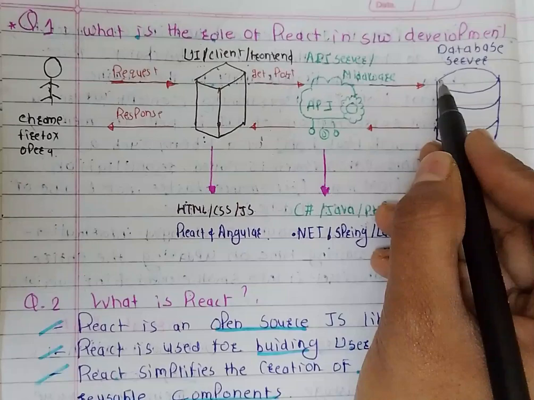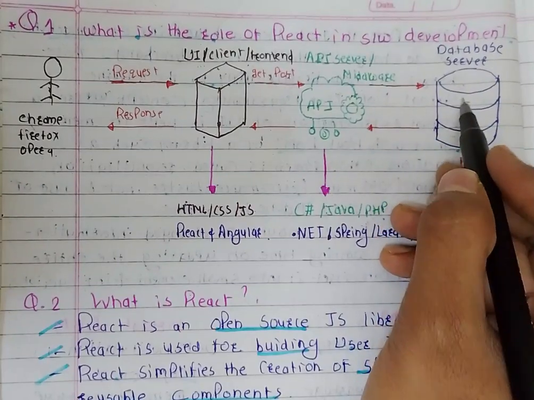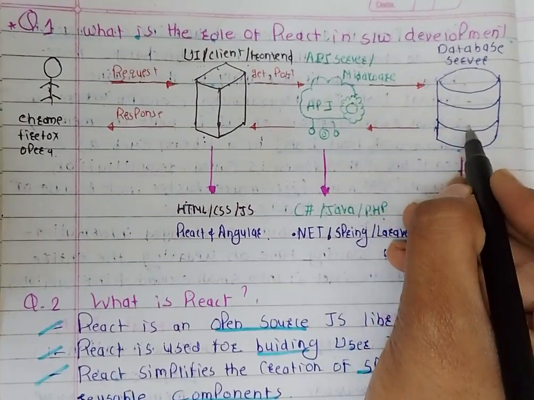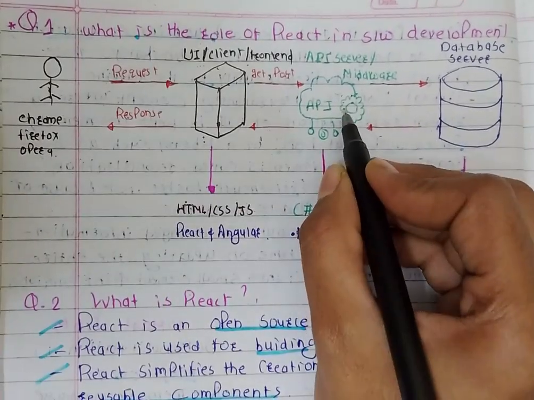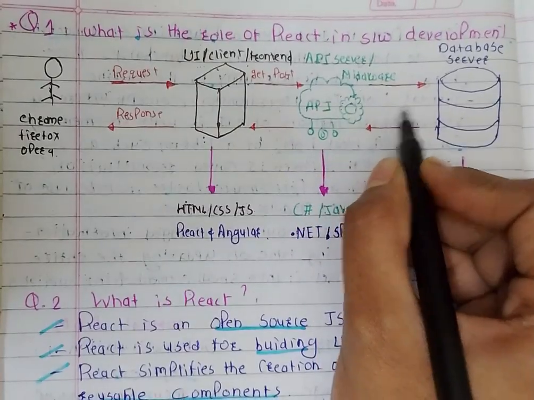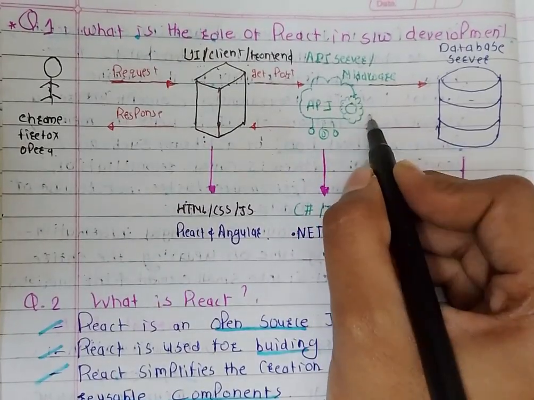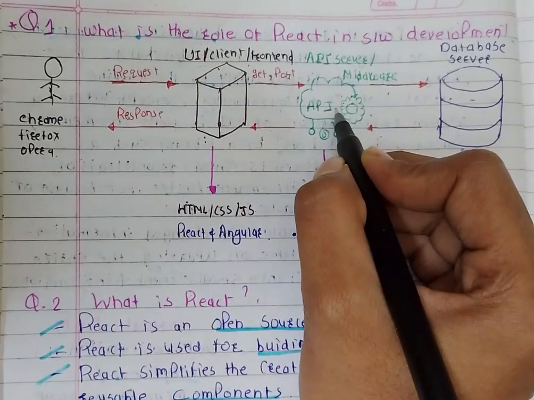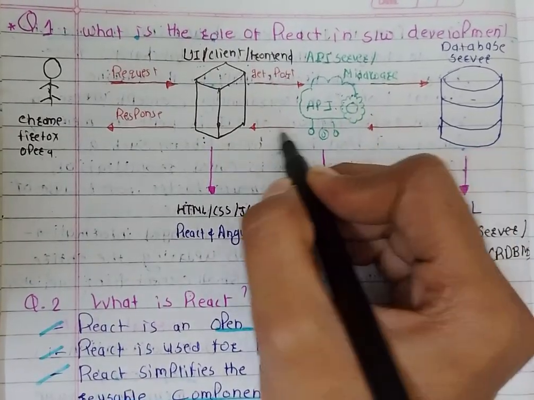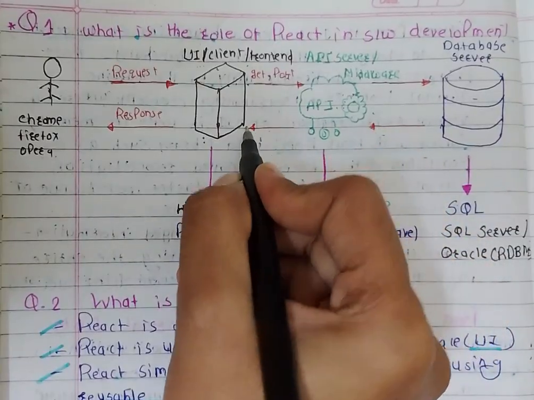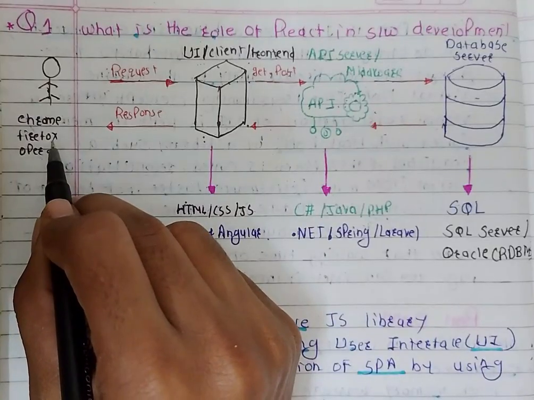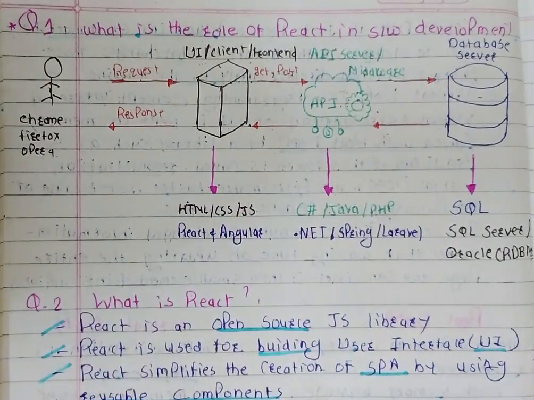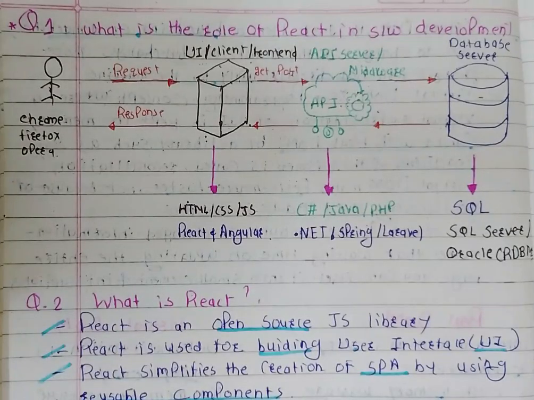If the user is found in the database, the database gives a response to the server that the particular user is present, then the backend gives a response to the front end, and the front end gives a response to Chrome, and the user gets the response like this.